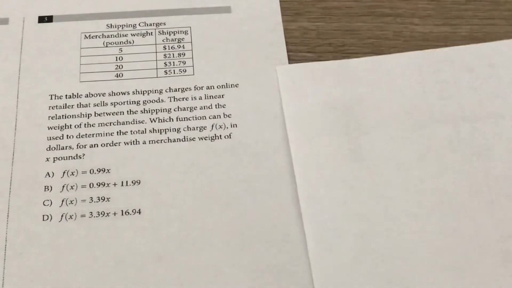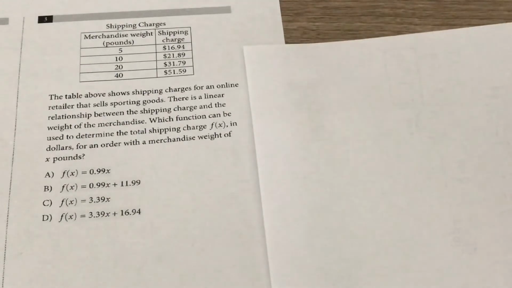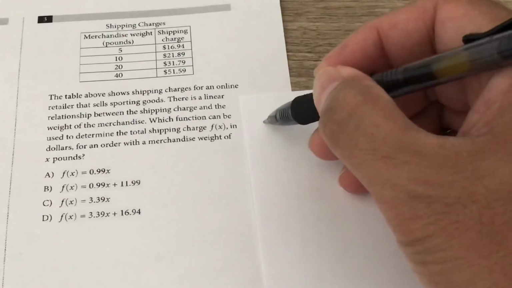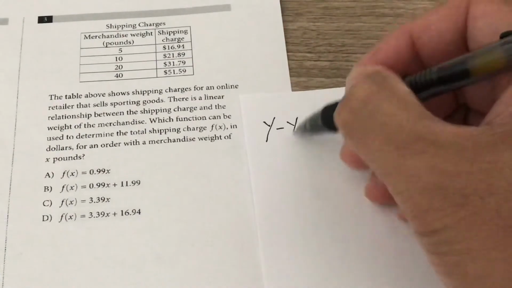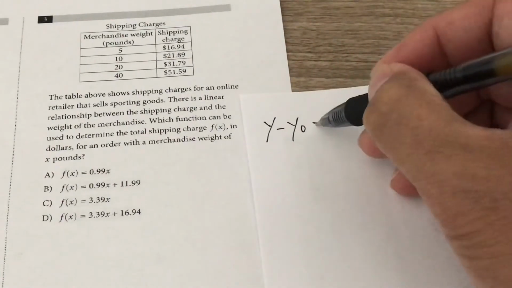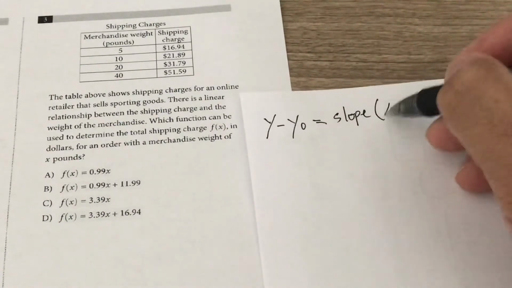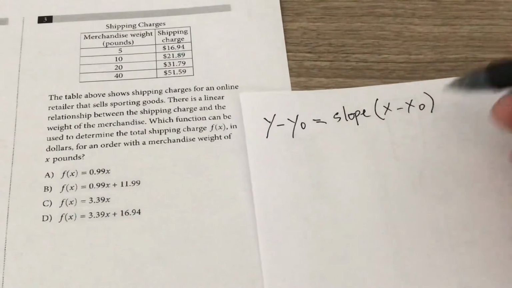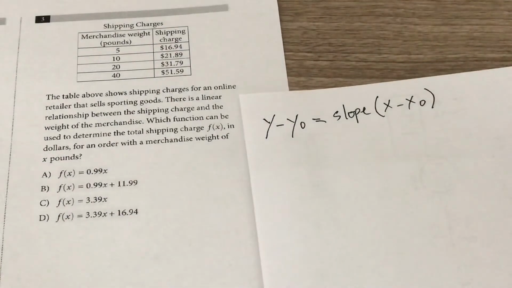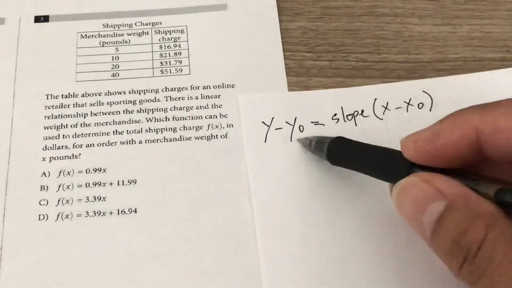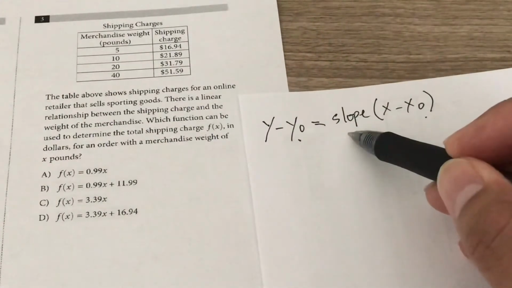So I was saying that all you need is the line through a point with a slope. There. That's the formula of a line through a point with a slope.